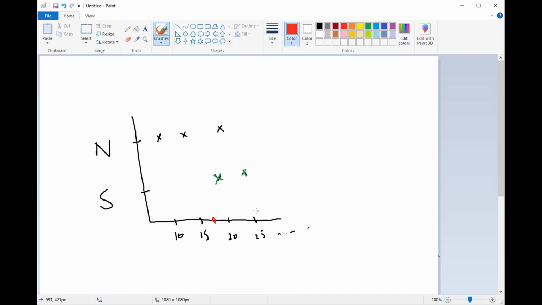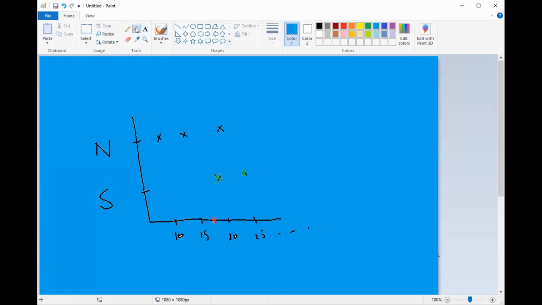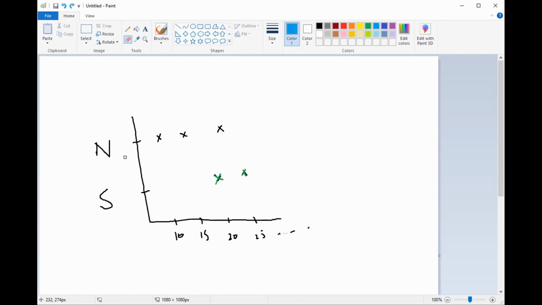Okay, let's take one step back. I am going to add one more feature to make it a little easier for everybody to understand.